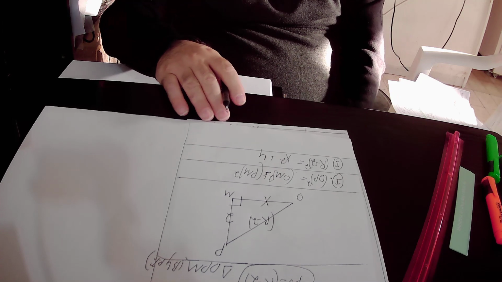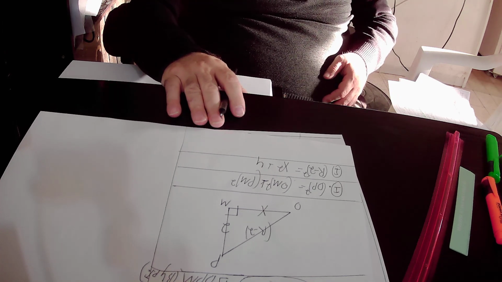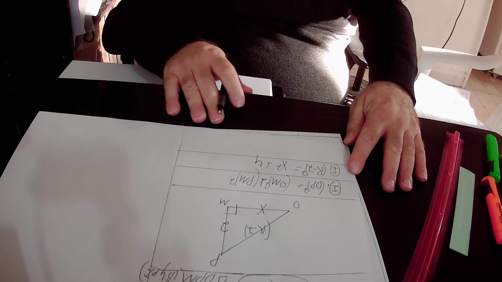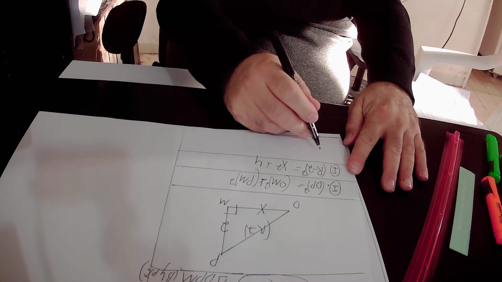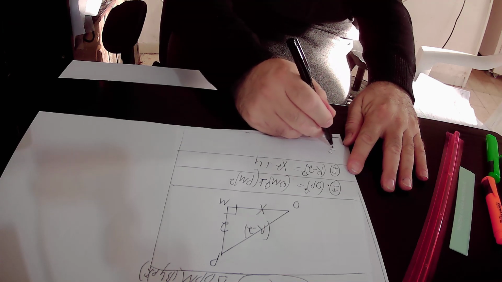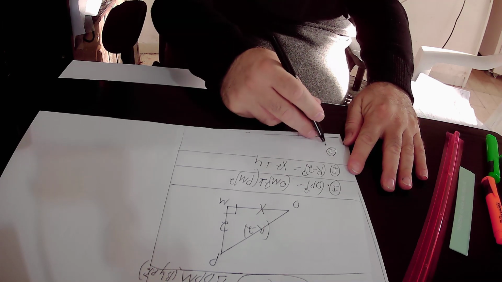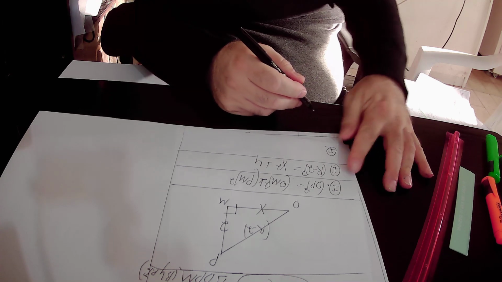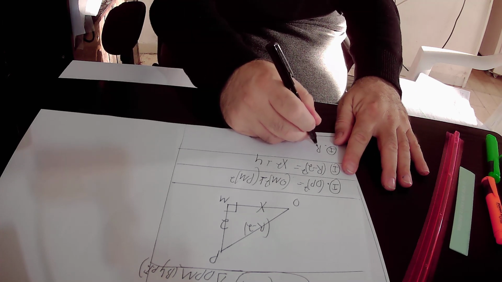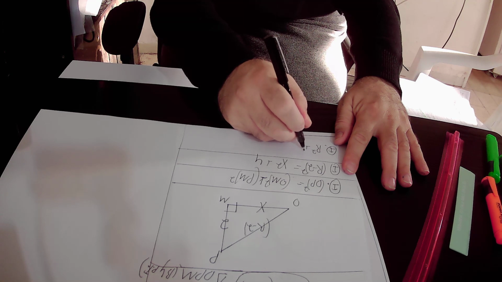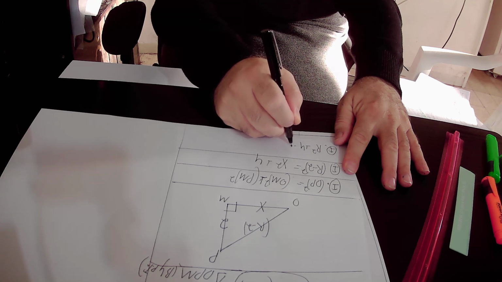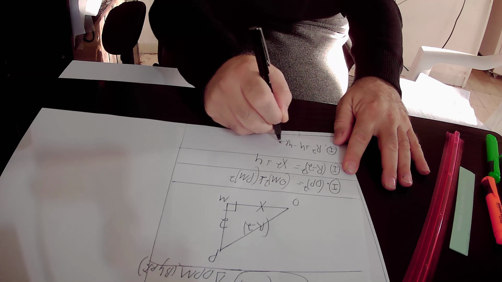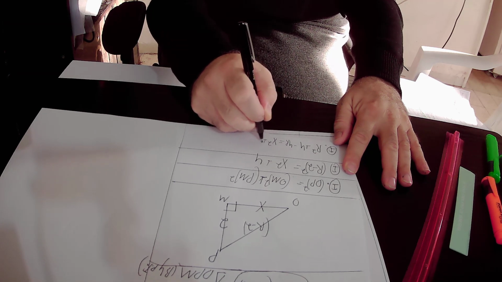So in conclusion, according to equation number 1, R minus 2 squared equals X squared plus 4. Here we will open the brackets on this side of equation number 1, and we get that R minus 2 squared equals R squared plus 2 squared, that is 4, minus 2 times R times 2, which is minus 4R, and it is equal to X squared plus 4.